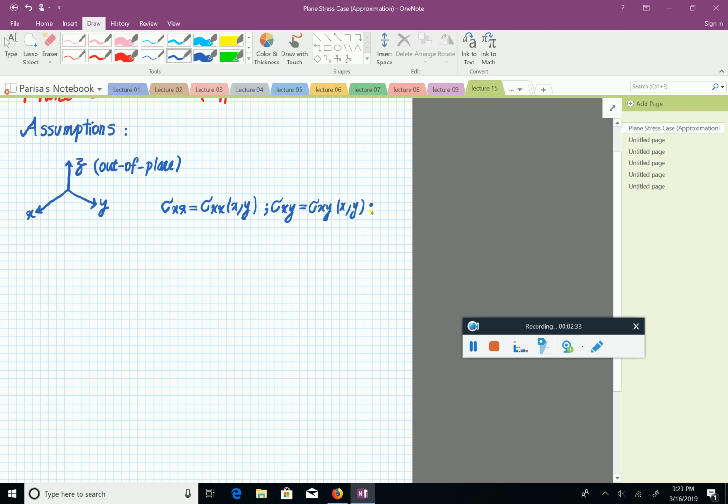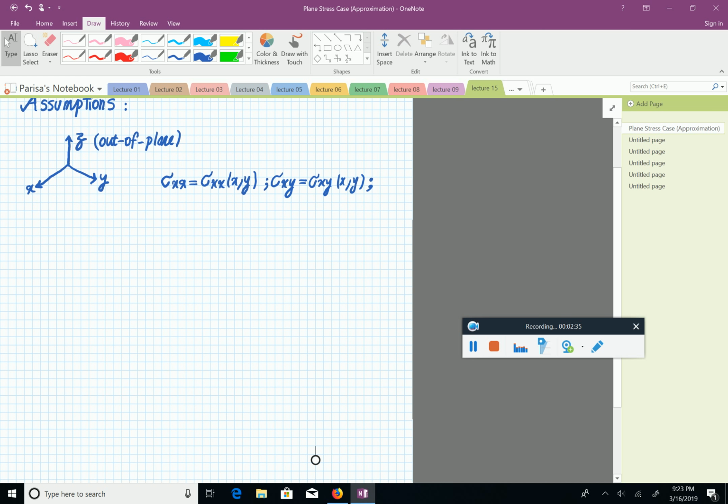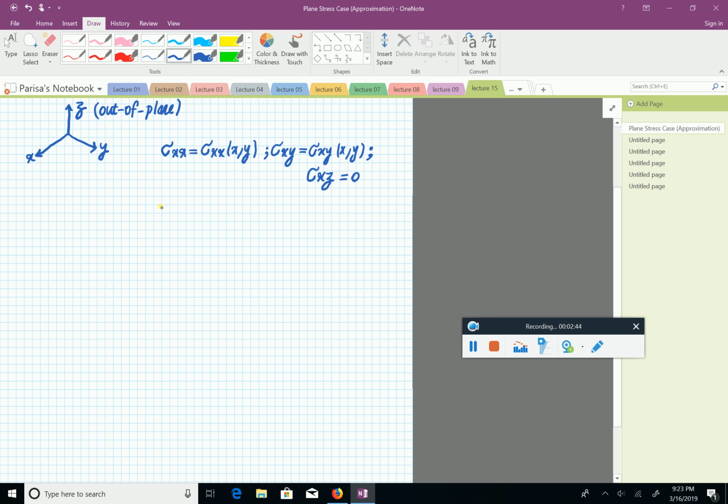However, sigma xz is going to be equal to 0. Similarly, sigma yy is going to be in general a function of x and y, non-zero.